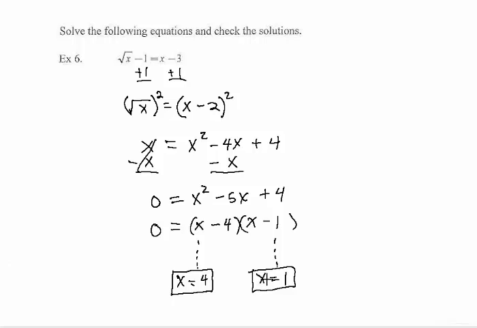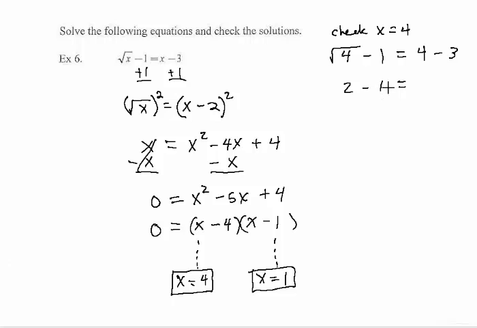Alright, we'll check both of these, and we want to see if one of these, or maybe both, are extraneous, or they could both be a full solution. So we plug 4, okay, we are checking x equals 4. We plug 4 under the radical on the left, and then on the right we replace the x with the 4.